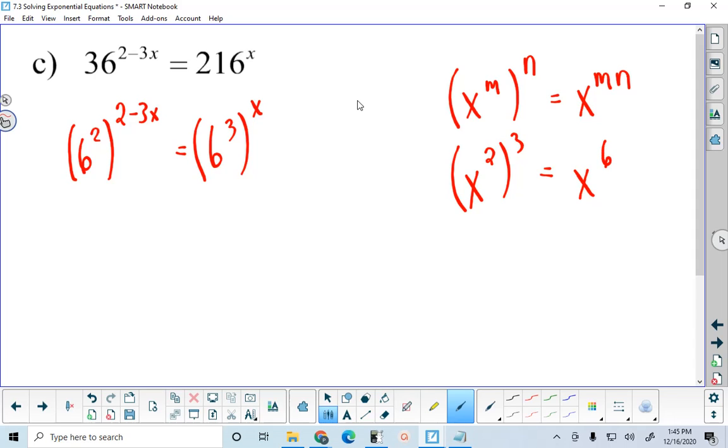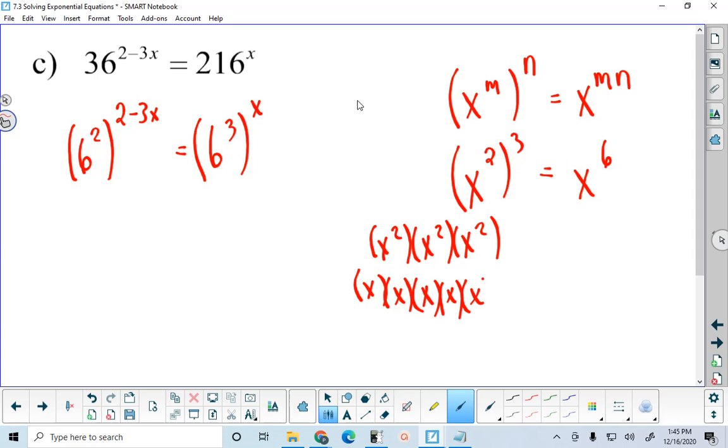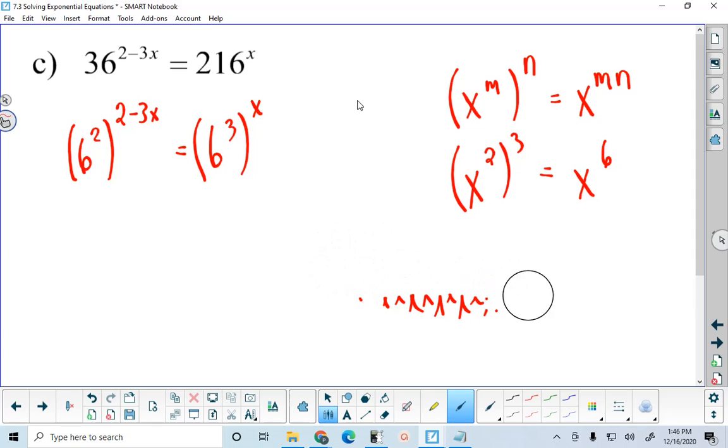And I could demonstrate that to you because x squared cubed means x squared times x squared times x squared. That's 1 x squared, here's my second x squared, here's my third x squared. Well, I have 6 of them, which is x to the 6. So whenever you have a power of a power, you multiply the exponents.